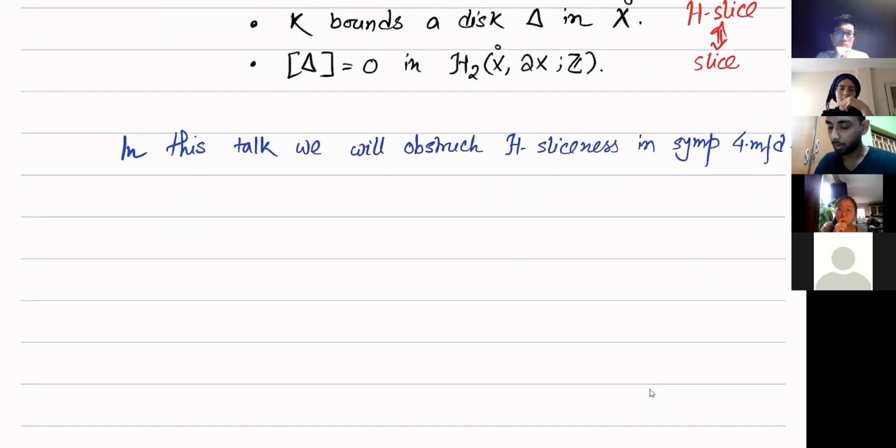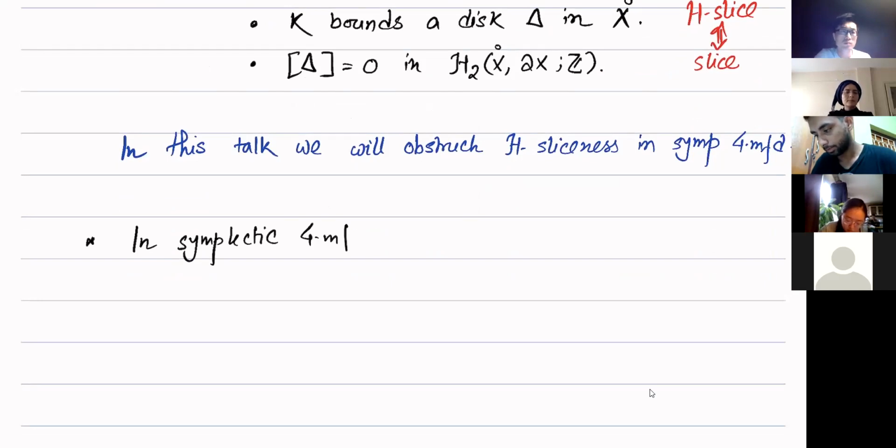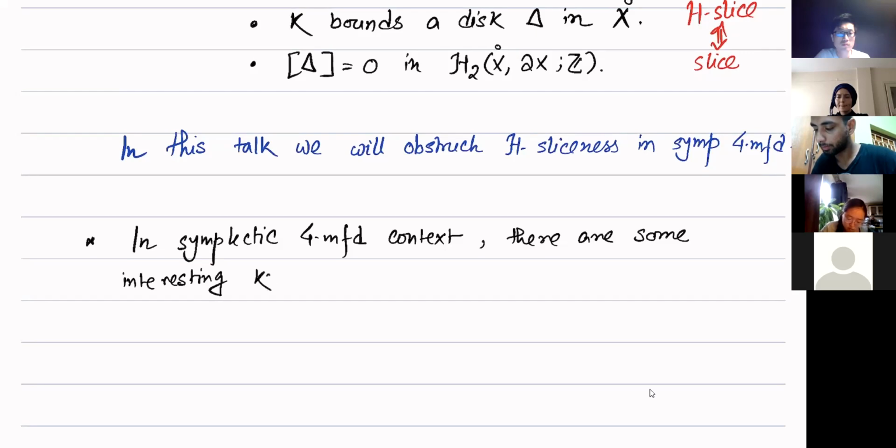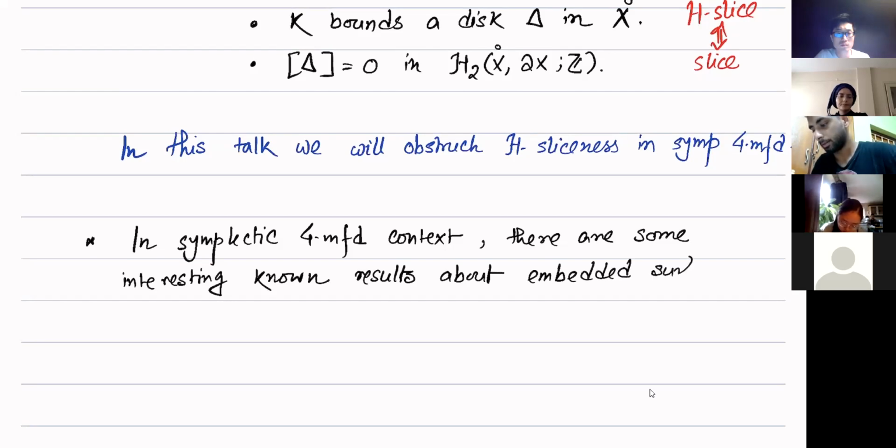Notice that in the symplectic four manifold context, there are some interesting known results about embedded surfaces in four manifolds and their genus.